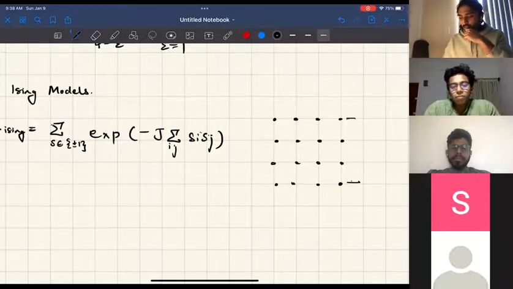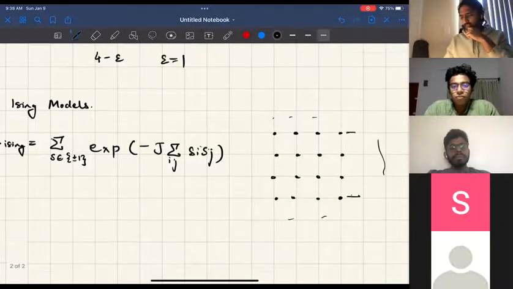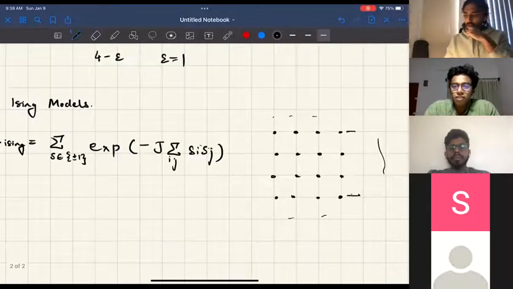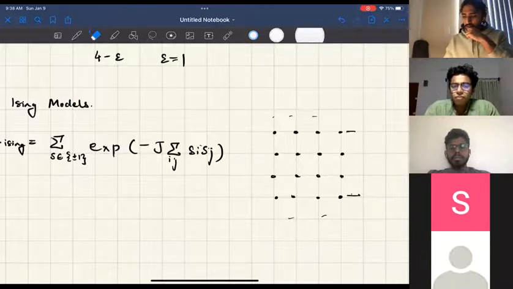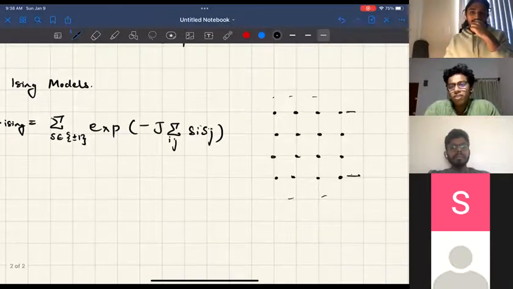So let's take this layer and this layer to be constant, and then we perform the summation over the rest of the layers. There are more up and down. And you get the partition function. Is this the flux?